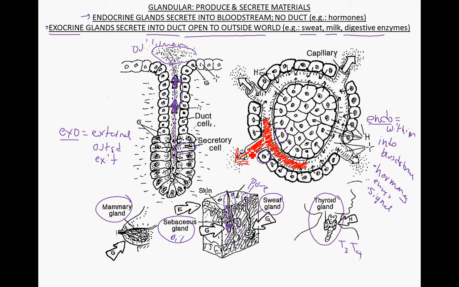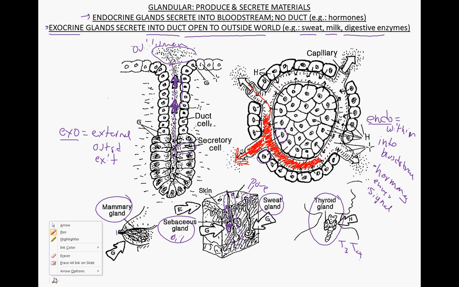Now, assuming that this is part of the cardiovascular system, the blood is flowing, and it looks like it's all going out. That means that, not shown in this picture, you'd have blood leading into this capillary bed here. But here's the bloodstream. Here are the epithelial cells.